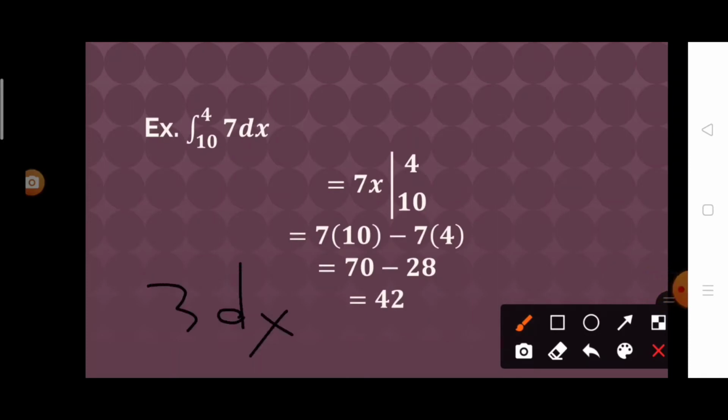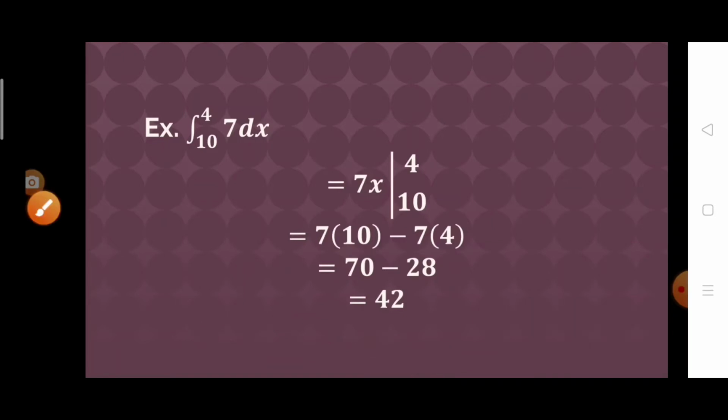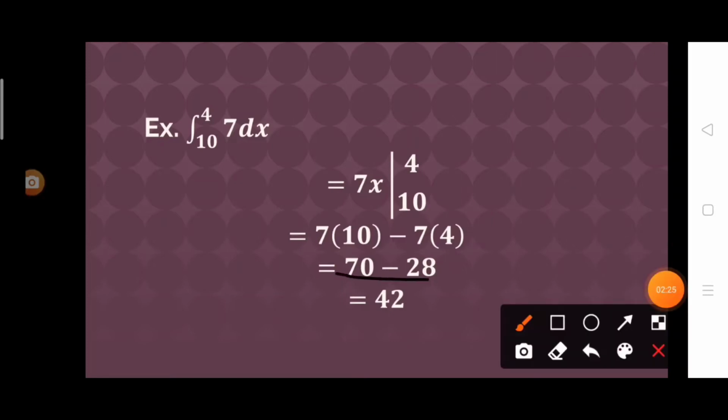So the integral of 7 is just 7x. So we have 7x evaluated from 10 to 4. So we have 7 times 10 minus 7 times 4, and 70 minus 28 is just 42. So we have our final answer.